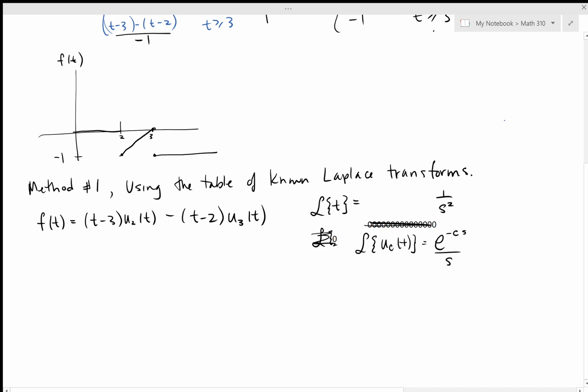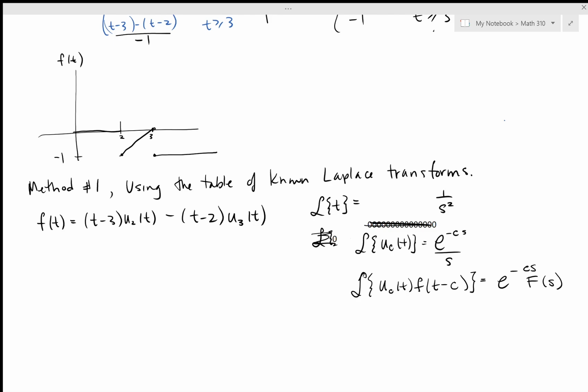And then also from the table, the Laplace transform of UC of t multiplied by f of t minus c, that is e to the minus cs times the Laplace transform of f of t. Okay, that's the three relevant facts I'm going to use from the table.